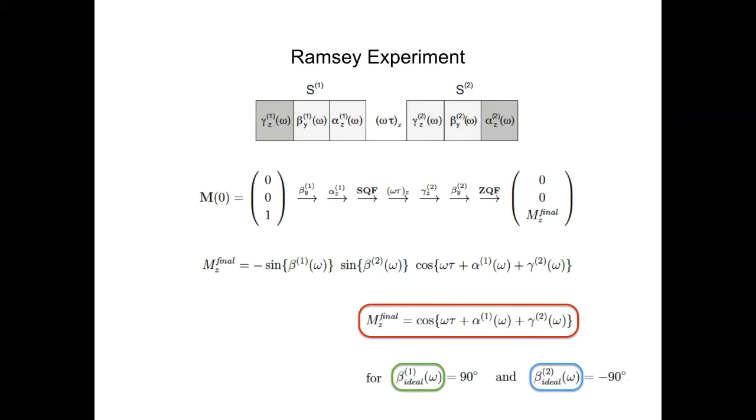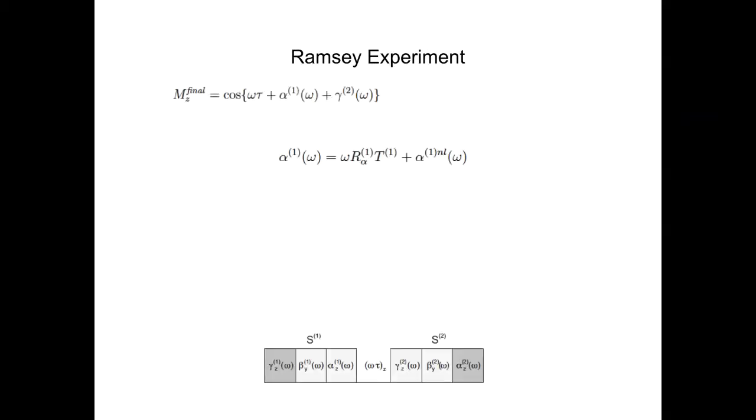Okay, so in the ideal case, these two beta angles should be 90-degree pulses or minus 90-degree pulses. We can continue to analyze this, but the next step is to decompose these alpha and gamma angles in terms of their linear contributions.